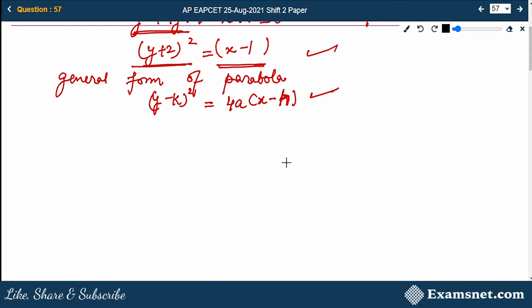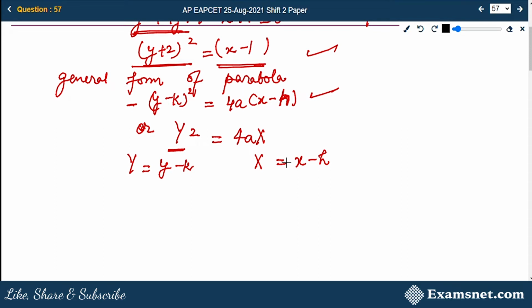You will see that this equation can be written as capital Y square is equal to 4a capital X, where capital Y is y minus k and capital X is x minus h.